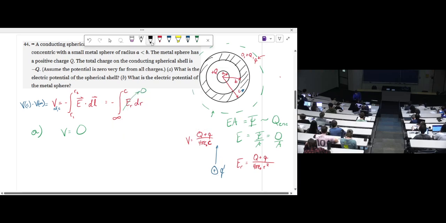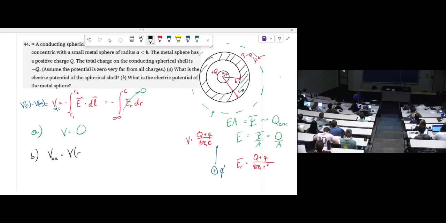For part B, I want to take the voltage from B to A, which would be the voltage at R equals A minus the voltage at R equals B. So that's negative integral from B to A of, in this case, the electric field.